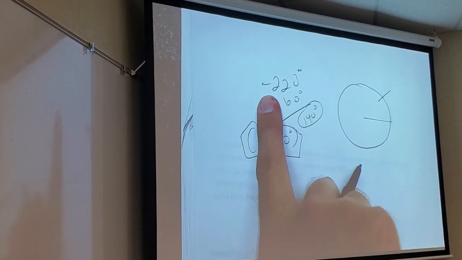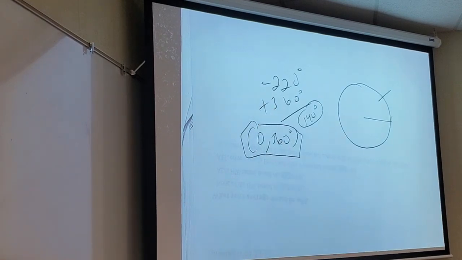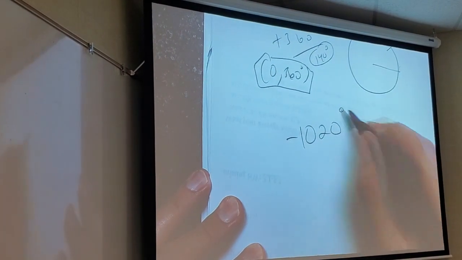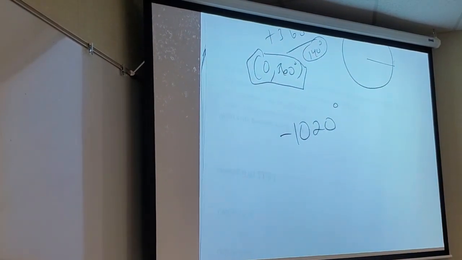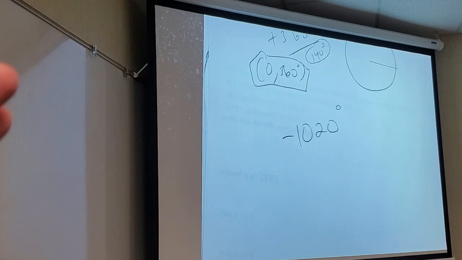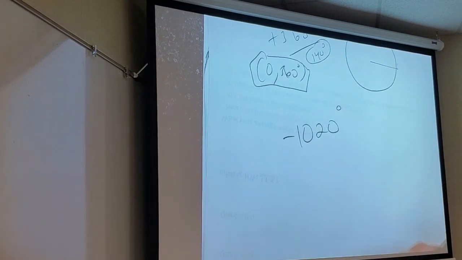And I always look at a negative angle as if somebody took too many out. Somebody just adds some back on. So if I had negative 1,020 degrees, now you can start being smarter about it. That is a lot of extra revolutions somebody subtracted, right? So what's 2 full revolutions? 720.